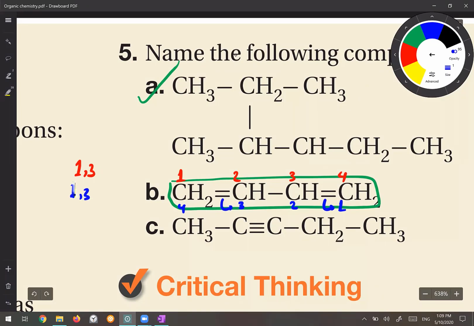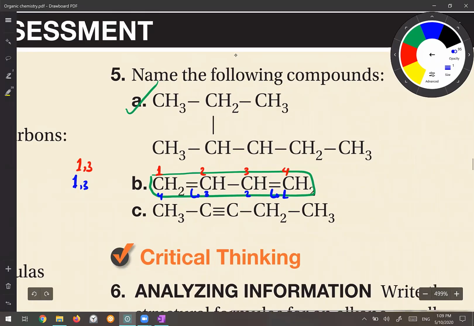So from both sides, same, no matter from which side you number it, the name of this compound would be the 4 carbon, so it's but, with 2 double bonds. So it's butadiene. The positions of the double bonds are 1 and 3.